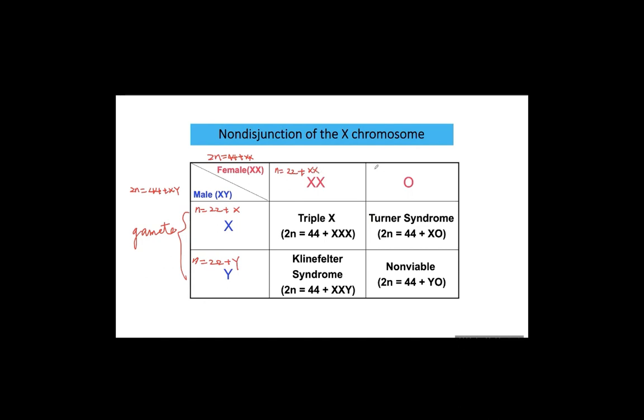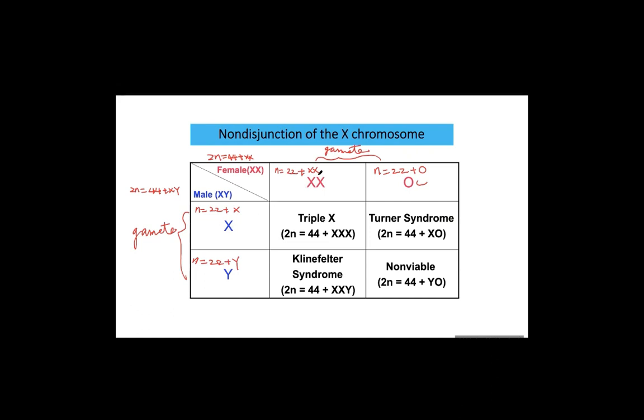And in this case, n equals 22 and there is no X chromosome, so we write this as O. These are the gametes, in other words the egg, and this is a sperm.